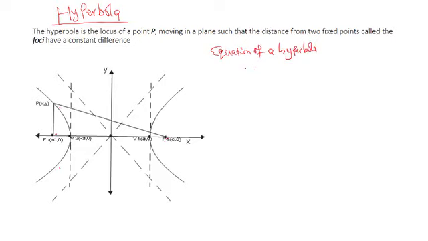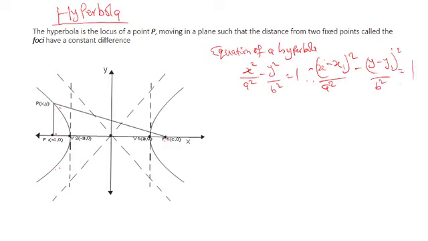And the equation of a hyperbola can be written as x squared over a squared minus y squared over b squared equals 1, which can further be stated as (x minus x1) squared over a squared minus (y minus y1) squared over b squared equals 1, where b squared is equal to c squared minus a squared. Now this is the equation.